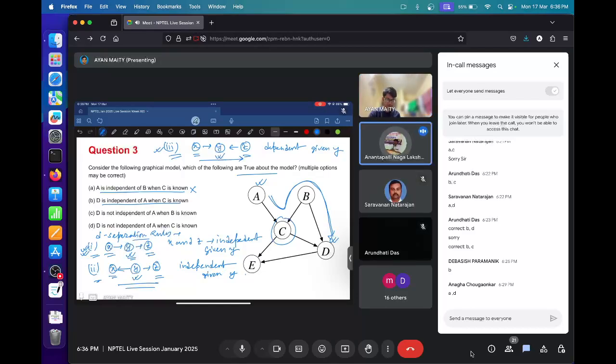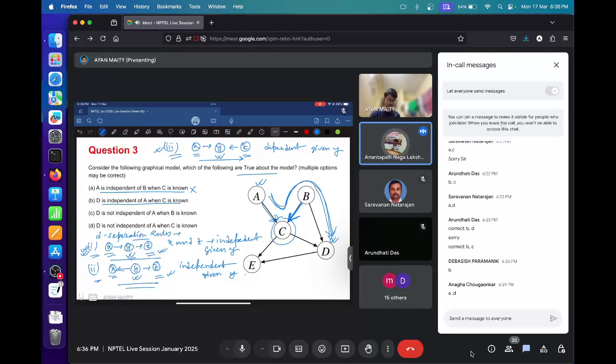Sir, how to reach from C to B, sir? No, you are considering these edges. For analyzing the independence of variables, you don't need to follow these directions. You have to follow the directions to apply these rules, but to find a path you just consider it regardless of the direction.